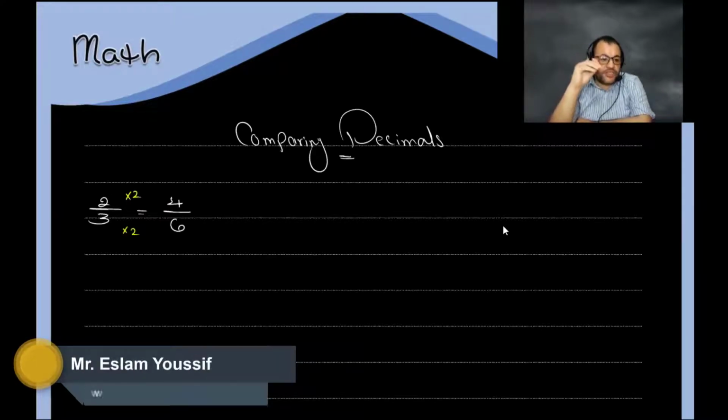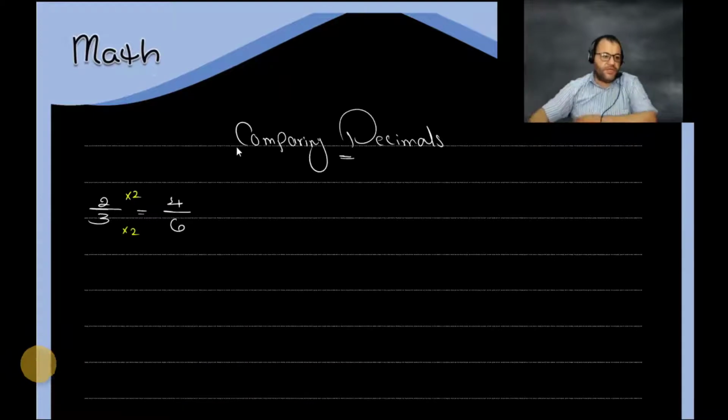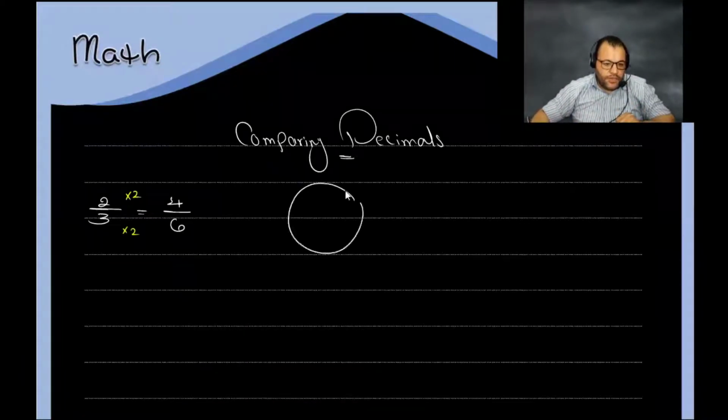Okay, for the fraction, if you multiply the numerator and denominator by the same number, you will get the same fraction. What is the meaning of that? Suppose that we have one pizza. If you divide it like that, how many parts do we have? 2. What is the fraction for the shaded part? 1 part out of 2.